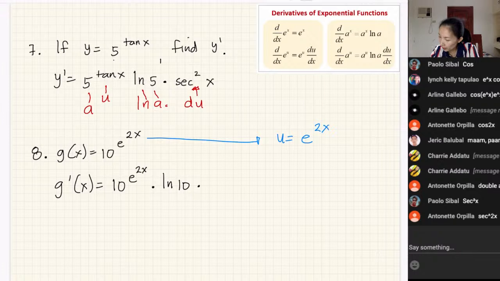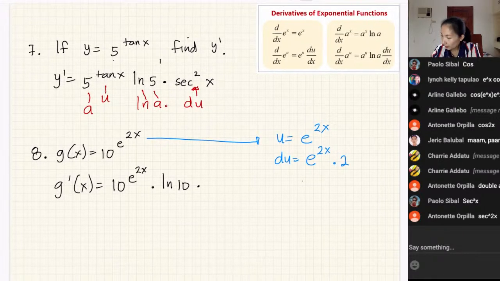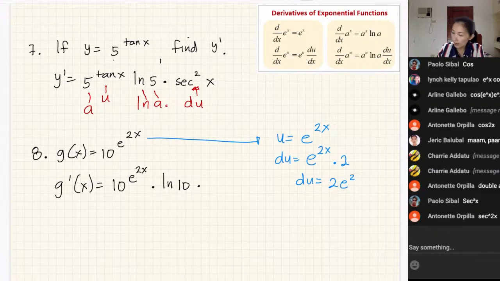So to differentiate it, apply the rule e to the u du. So e raised to 2x times derivative of 2x, which is 2. So our du then is 2e raised to 2x.